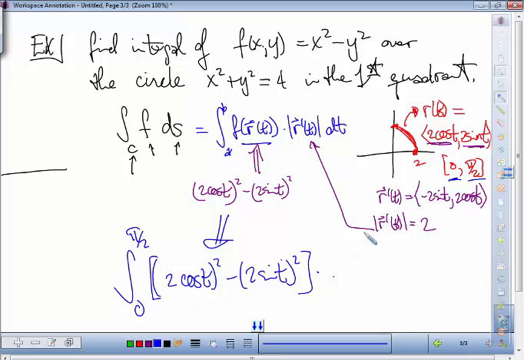And this whole thing is going to be multiplied by the magnitude of r prime dt. And now it's just a regular single integral that we know how to deal with. Okay?